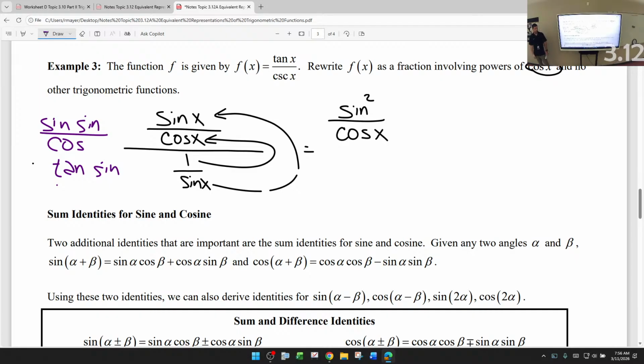There's nothing wrong with that, except they want everything in terms of cosine, so that doesn't help me any. But sometimes that might be the right move. This particular time it's not, because, again, that's what makes these hard. Your job is to get what they want. Turn it into what they want.